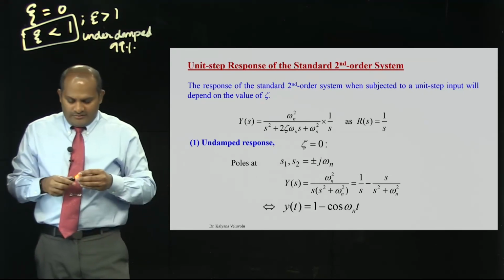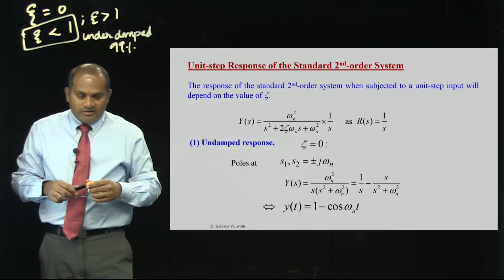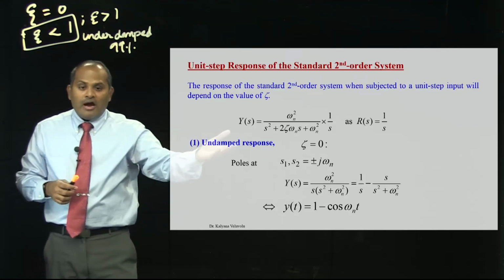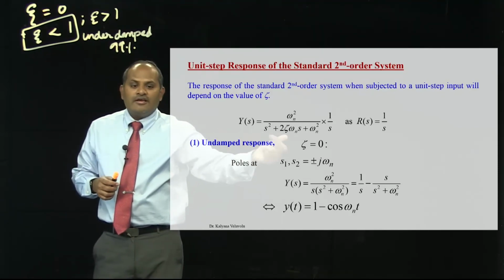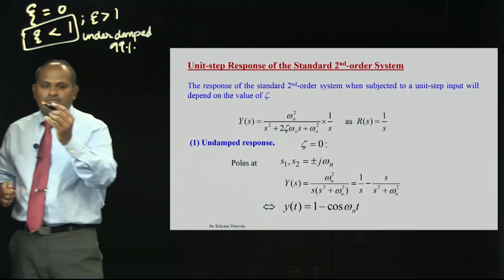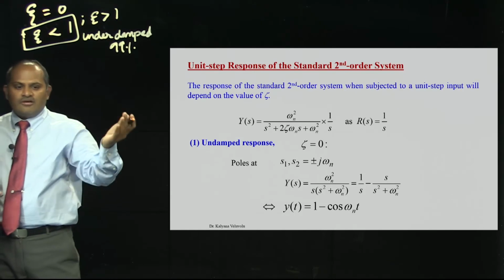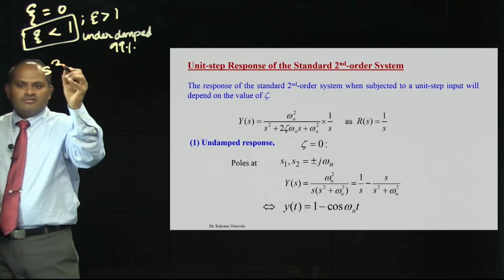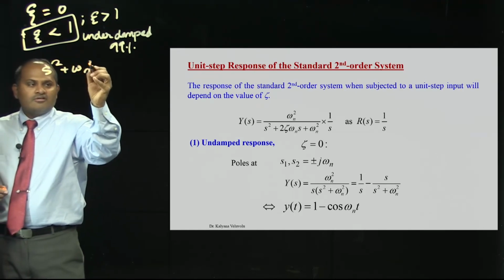Now coming to here, the first case we are going to study is undamped, not underdamped, undamped. Undamped means when eta equal to 0. When eta equal to 0, your characteristic equation will become s square plus omega n square equal to 0.